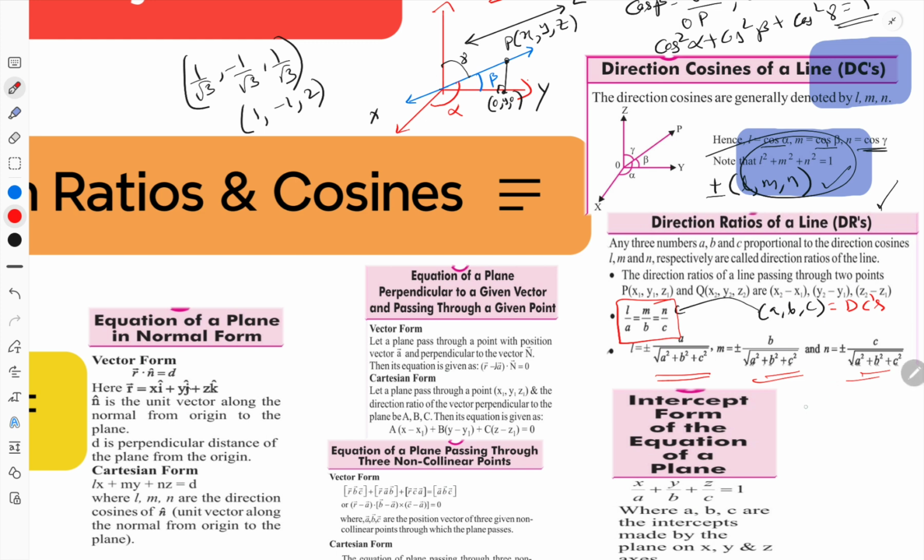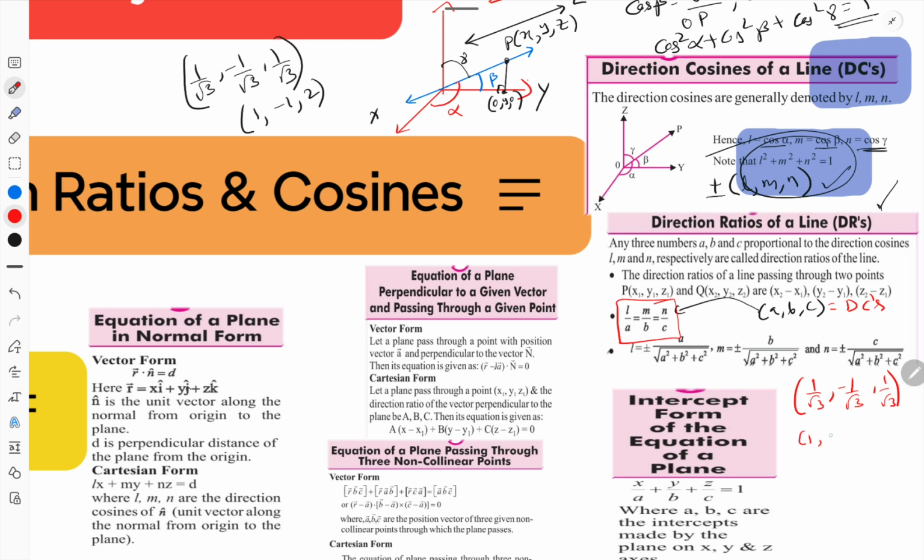So every direction cosine is a direction ratio, but the converse is not true. Every direction ratio need not be direction cosines; provided A square plus B square plus C square is 1, then it will be direction cosines. Now let us look into this. Suppose 1 by root 3, minus 1 by root 3 and plus 1 by root 3 are the DCs of a line.